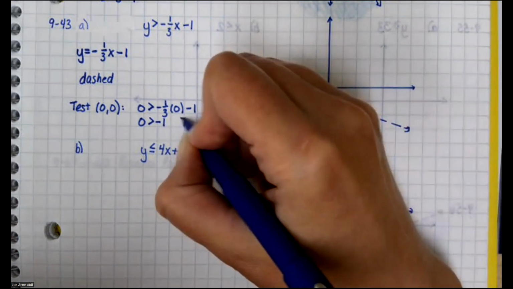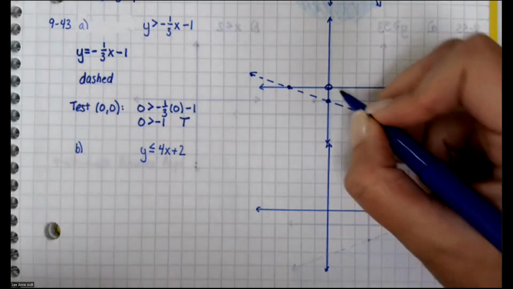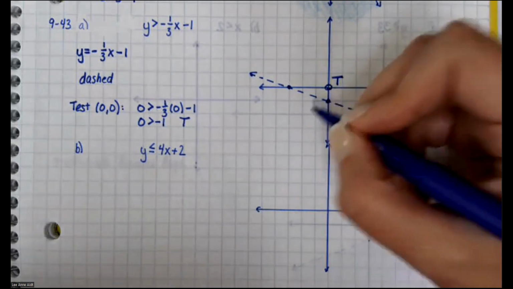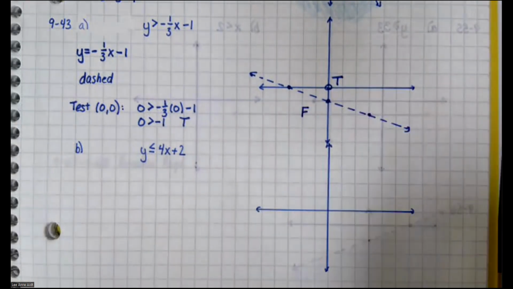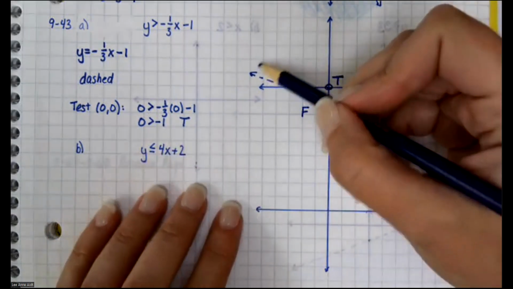True. Okay, so what does that mean? That means at 0, 0, I'm going to put a true right next to it. And on the other side of the line, I'm going to put a false. And then I shade to the true.